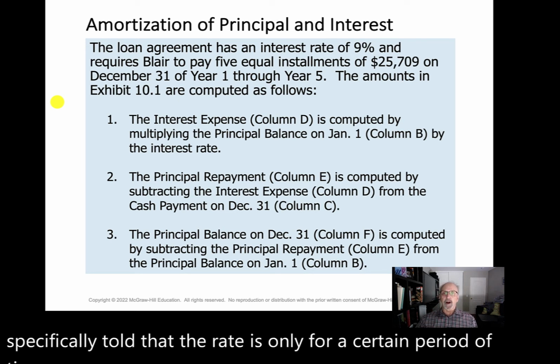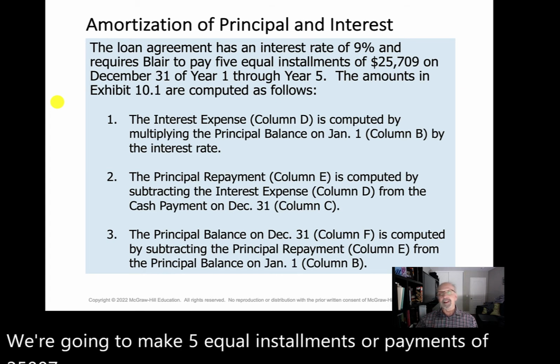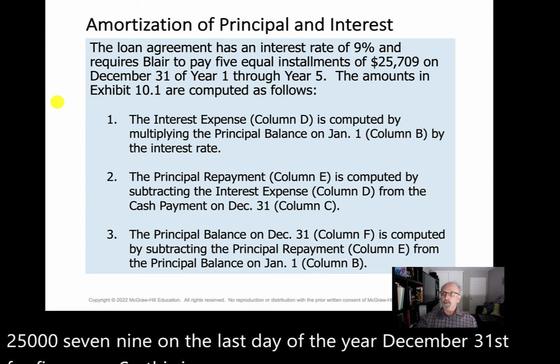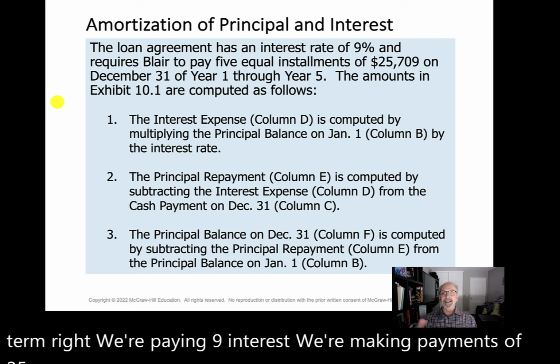We're going to make 5 equal installments or payments of $25,709 at the last day of the year, December 31st, for 5 years. So this is a 5-year note, which makes it long-term, right? We're paying 9% interest and making payments of $25,709 each year.